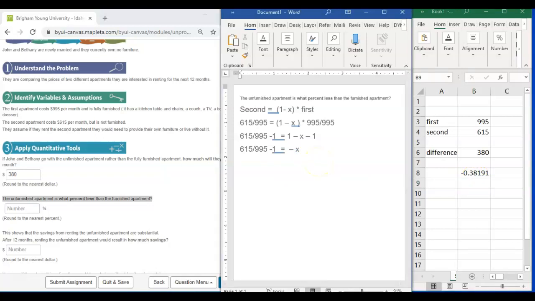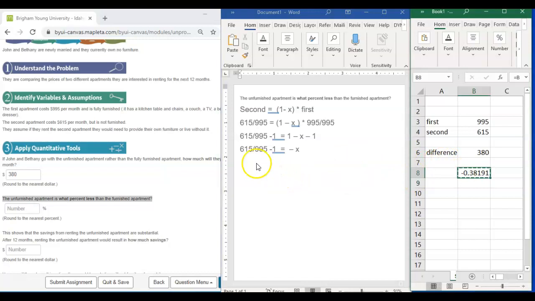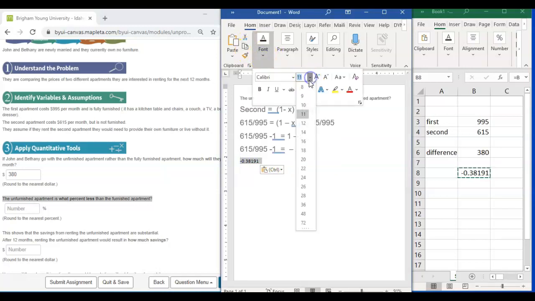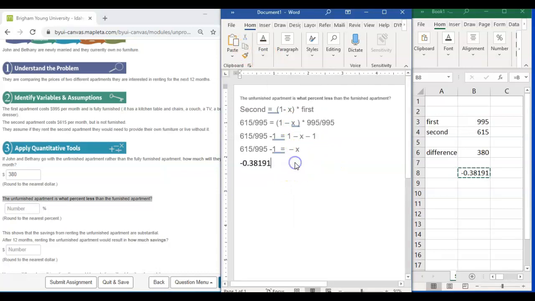If you'd like to see that worked out, we'll just type it in over here. Actually, let's come here and just press copy and paste. So 0.03, we'll make that bigger as well. I apologize for my sore throat here.